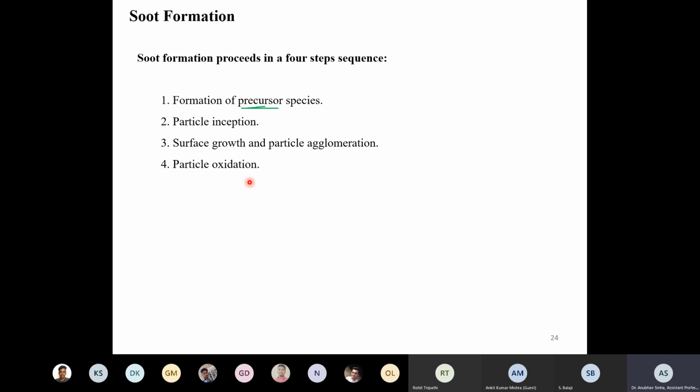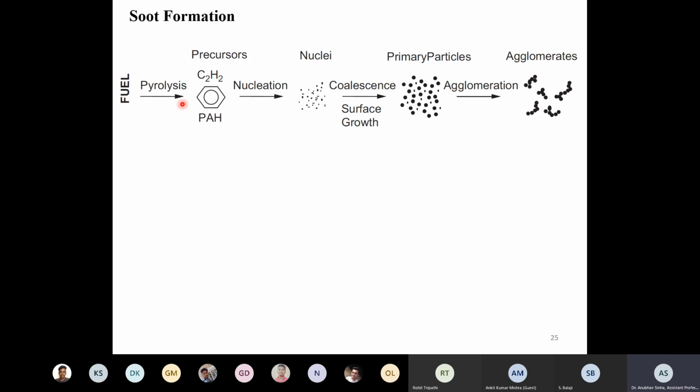Now we'll see what you are asking. So you have a fuel. The pyrolysis of a fuel produces precursors, that could be C2H2 or PAH, which stands for polycyclic aromatic hydrocarbons. These are very important precursors. You'll see a lot of PhDs being given for the study of PAH.